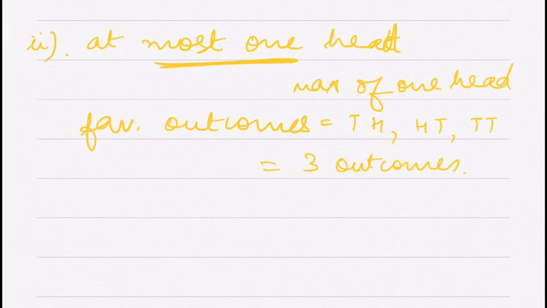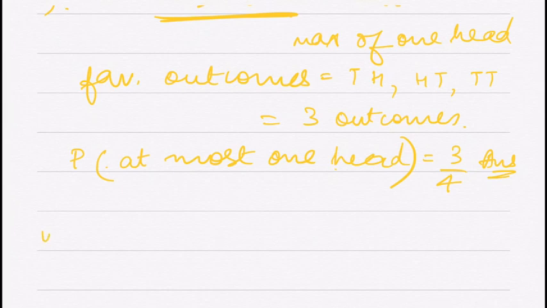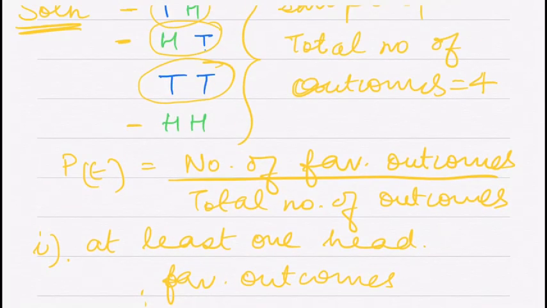So there will be 3 outcomes here also. Sometimes the kids miss the no head case because they think a head should be there. In the whole experiment I just have to figure out that it can have no head also. So my favorable outcomes are 3. The probability of getting at most one head will also be equal to 3/4. That's my answer.